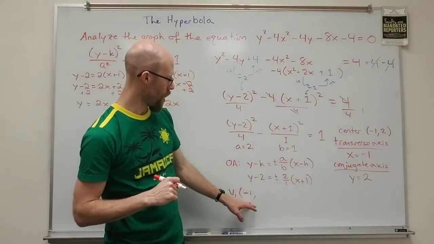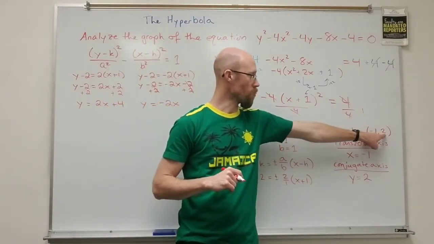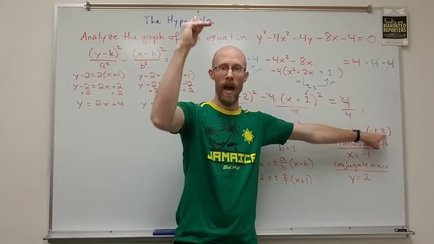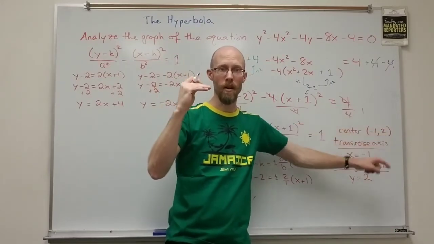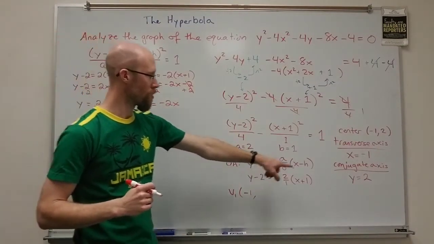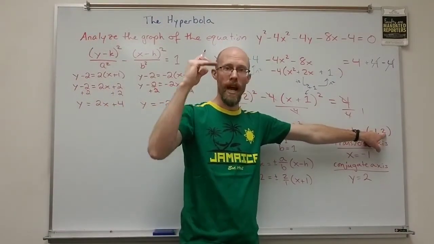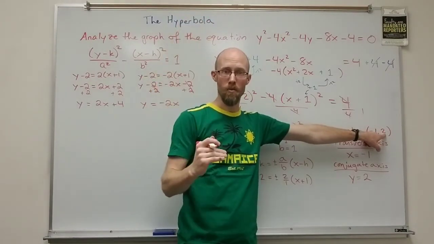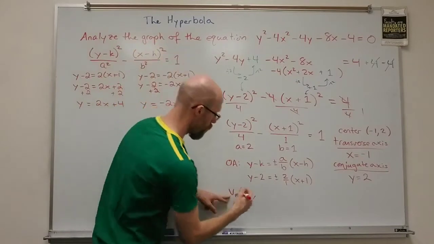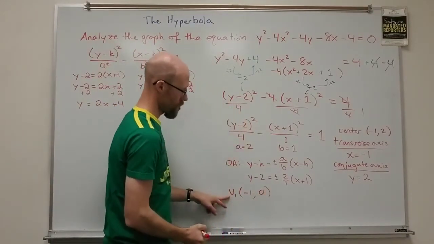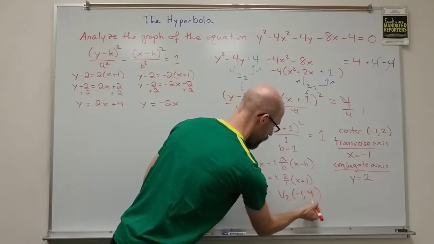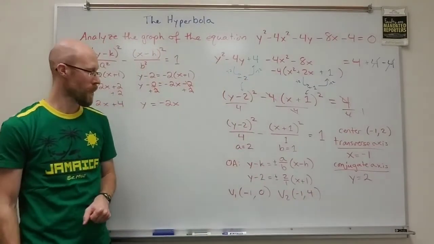And so for the y coordinate, you're going to take the y coordinate of the center, so you shift it to the center, and then you add from there and subtract from there the value of a, which is 2. So I'm going to start at 2, and I'm going to add 2, that gives me 4, and I'm going to subtract 2, that gives me 0. Okay? And so the first one, I'll go with the lower number, is -1 comma 0, and the second one is going to be -1 comma 4. Those are my two vertices.